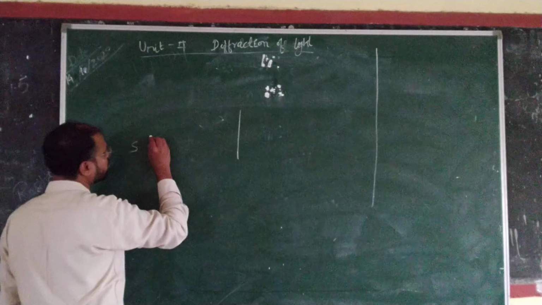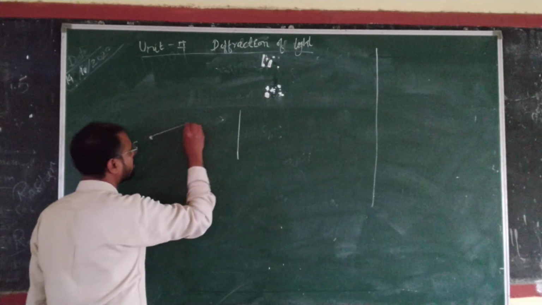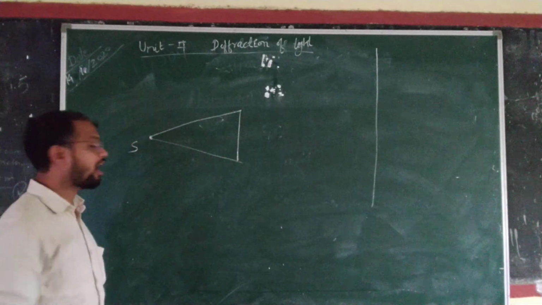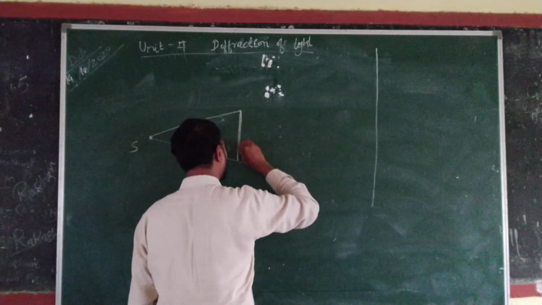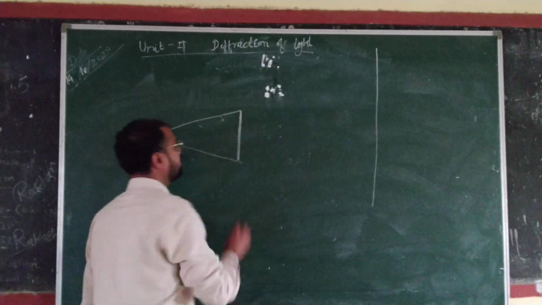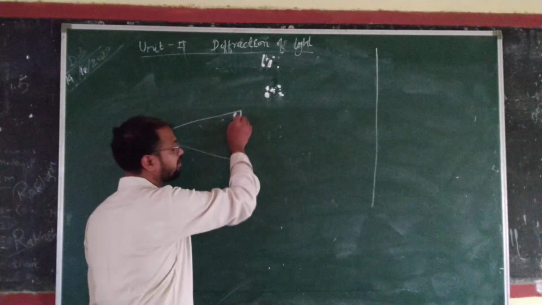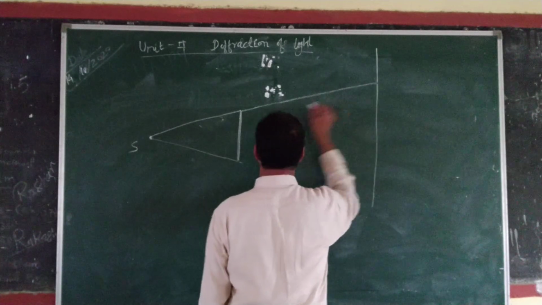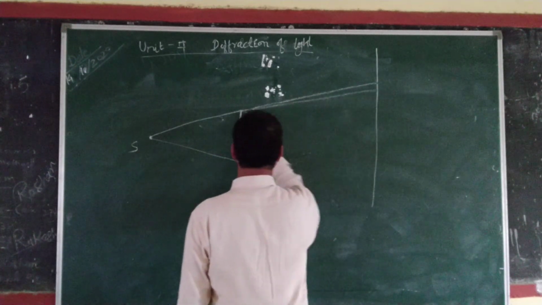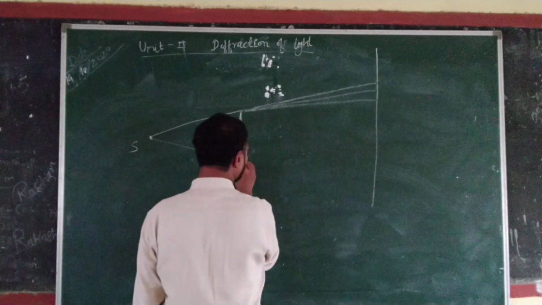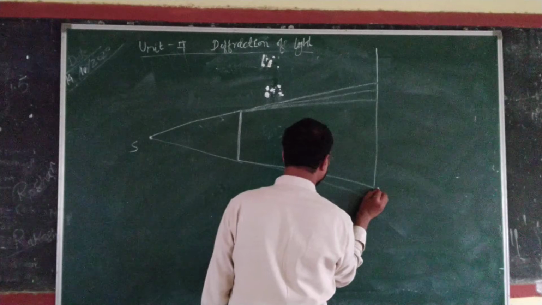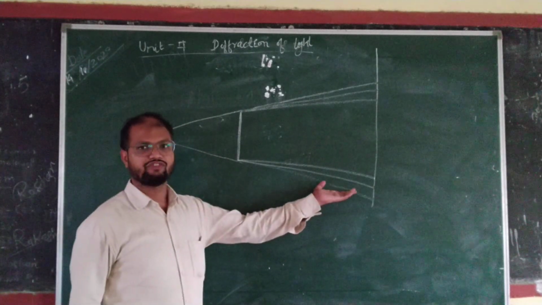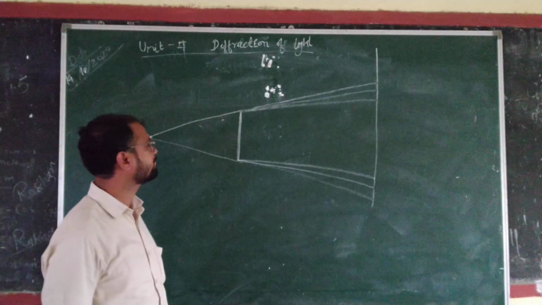The waves coming from this source are incident on the edges of the obstacle, and then the waves are bent. This bending of waves is called diffraction.